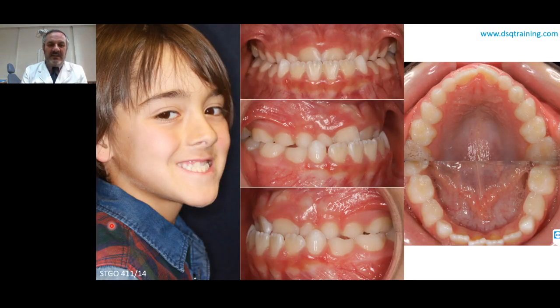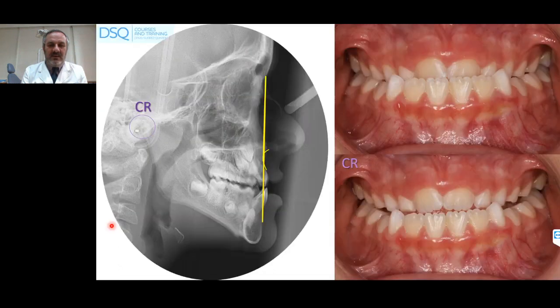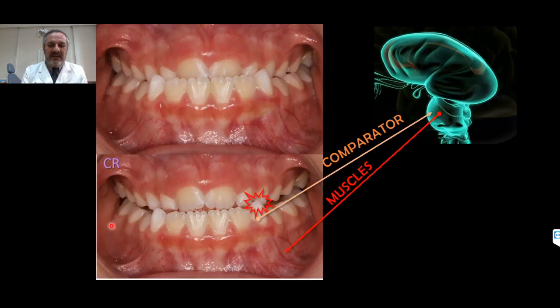This is the first step. Another patient with a severe collapse in the upper and in the lower, a class 3 malocclusion. Okay. Now the idea is to analyze what is the problem of the patient.